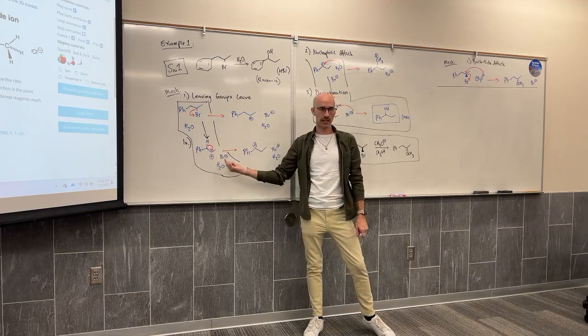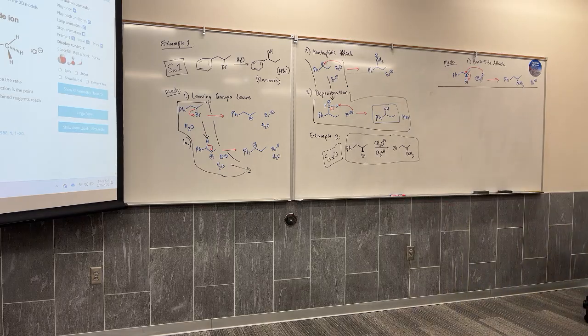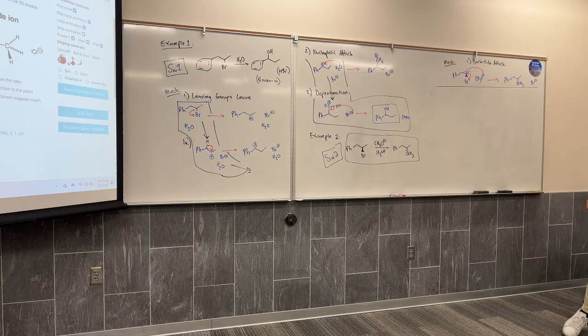And so this hydrogen shifts over, leaving behind a more stable carbocation. But here there's no carbocation to form. That carbon never loses a bond. It substitutes a bond at the same time that it loses a bond.